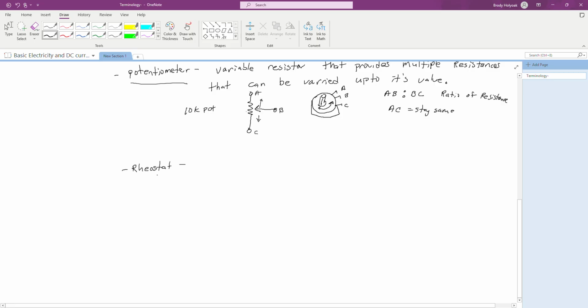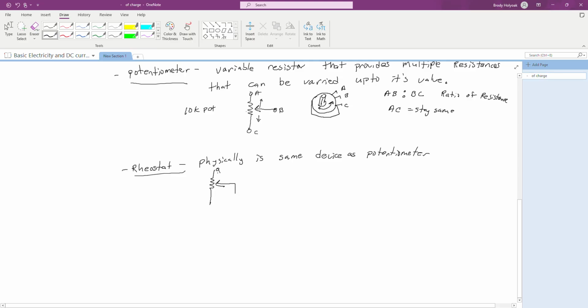So a rheostat physically is the same device as a potentiometer. But a potentiometer by itself is going to change the ratio of A to B compared to B to C. But what happens is we are going to take our schematic and we're going to come out with this.